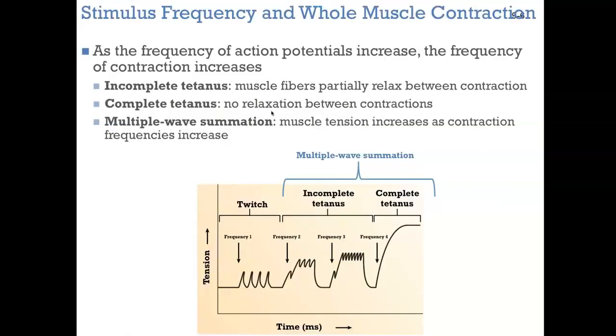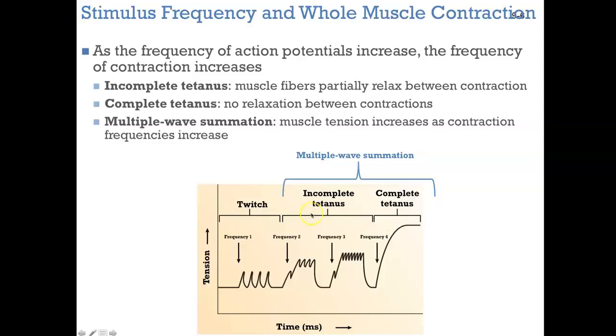Okay, so let's move into tetanus now. Again, this is another type of summation. As the frequency of our action potentials increases, the frequency of contraction increases. That makes sense, right? Action potentials are what cause the muscle to contract in the first place. So what is tetanus? It's a period where we have sustained contraction.